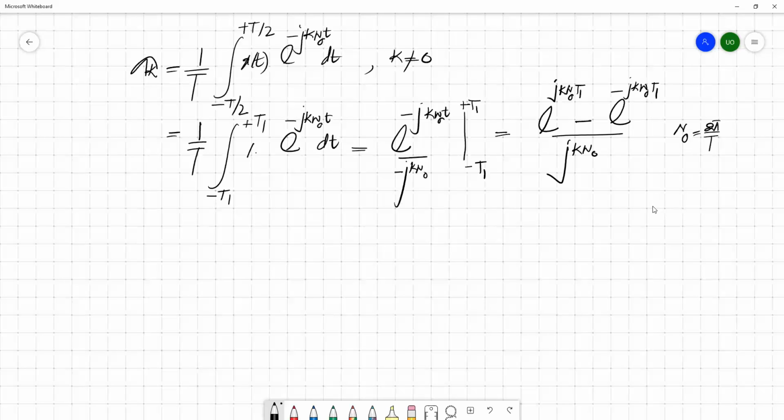So we'll substitute these two here. Then we have e to the power j k 2 pi over t into t1, minus e to the power minus j k 2 pi over t into t1, divided by j k 2 pi over t.